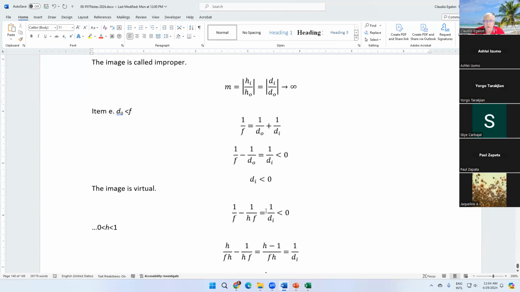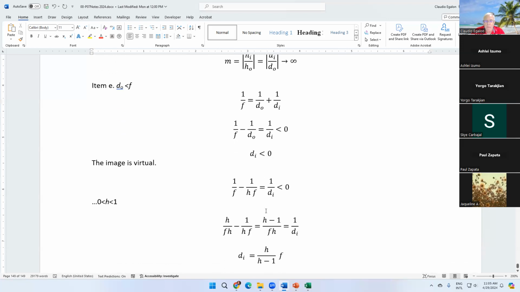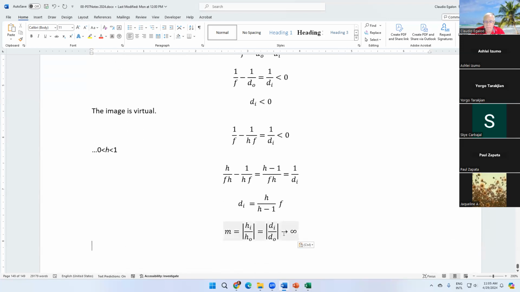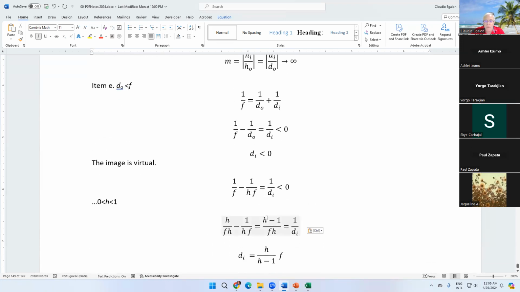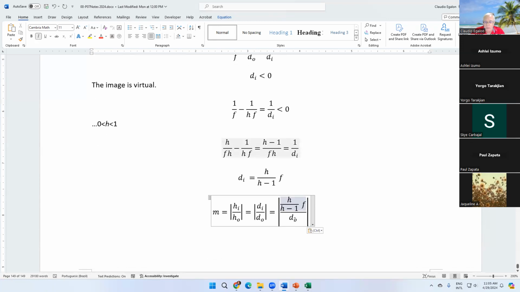Magnification, let's see, DI upstairs and D naught is going to be HF, right?